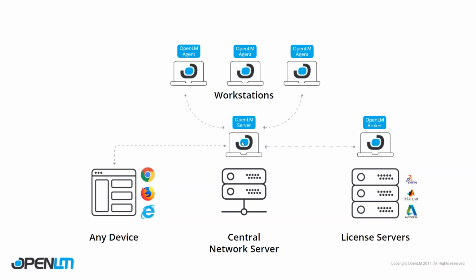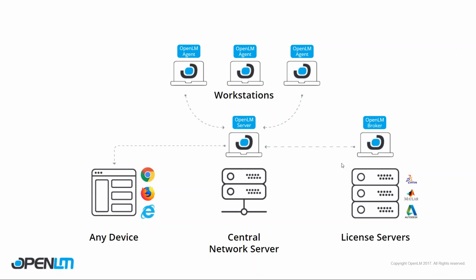Now, if you install the OpenLM Agent on the workstations themselves, then you can get some extra functionality. It would be best to mention that the OpenLM Server can connect also directly to the license server.